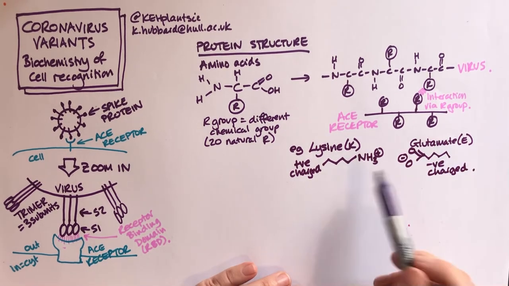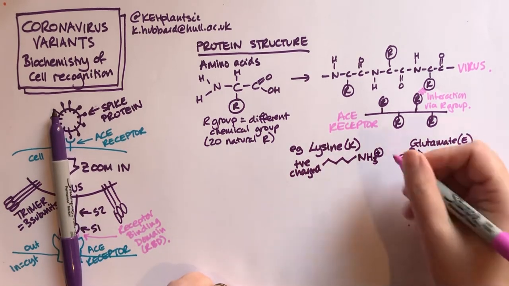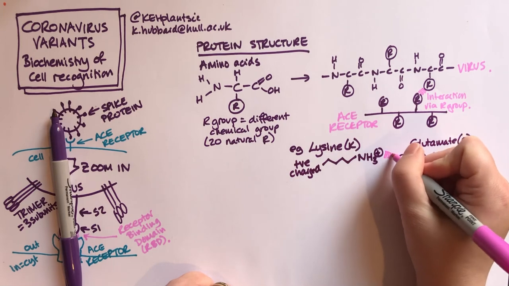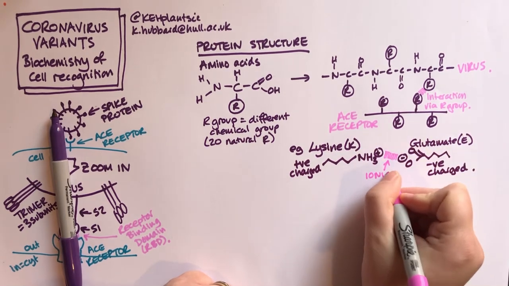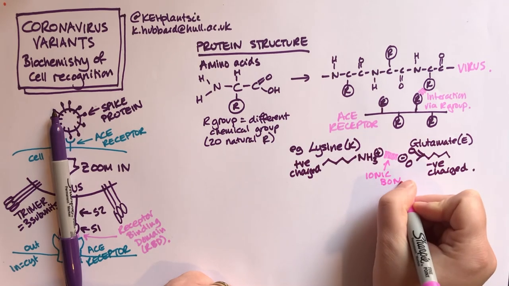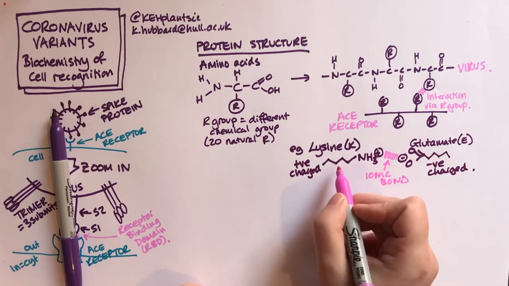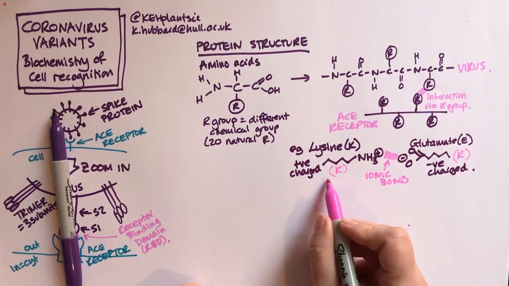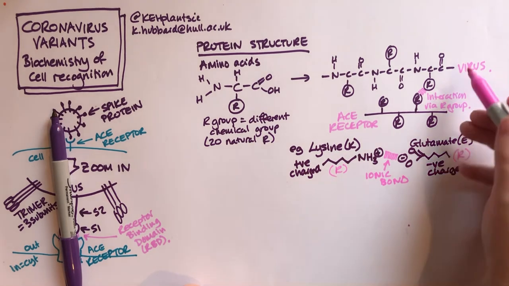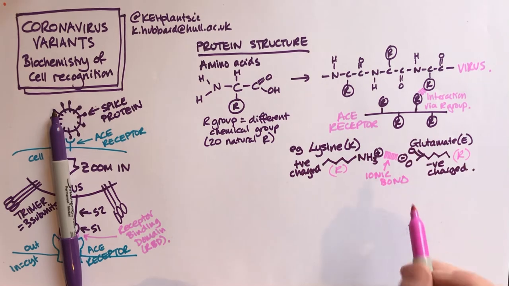So if you've got those two amino acids next to each other, positive things attract negative things, so you get a very strong interaction, and we call that an ionic bond. So that's an example of this R group and this R group. One is positively charged, one is negatively charged, and if they're in close proximity to each other, then they can interact and form a chemical bond, so they kind of stick together.